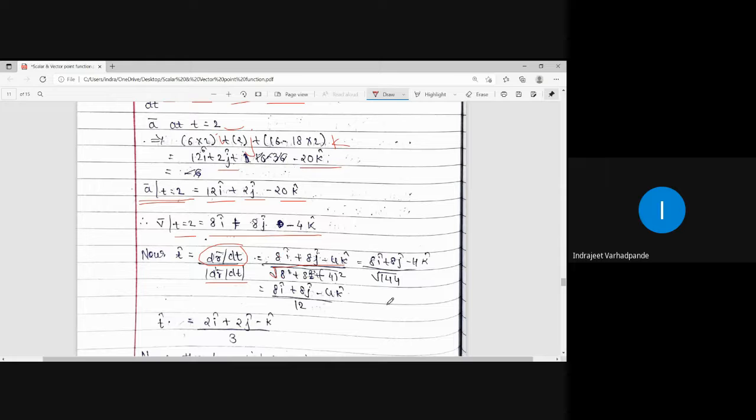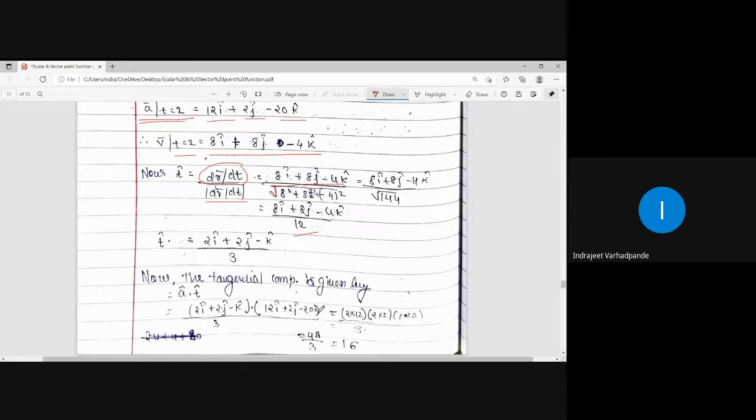So that gives you 8i plus 8j minus 4k upon 12. Taking out 4 common, you get (2i plus 2j minus k) upon 3. So t cap is the unit tangent vector for this particular component to be calculated.